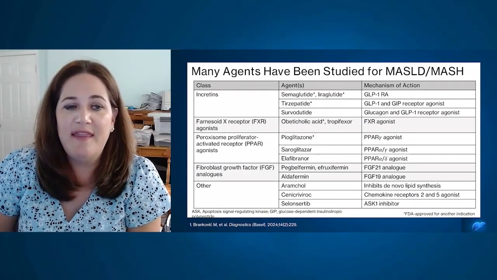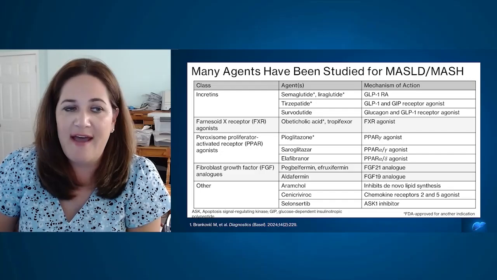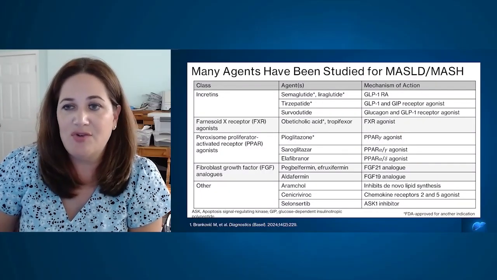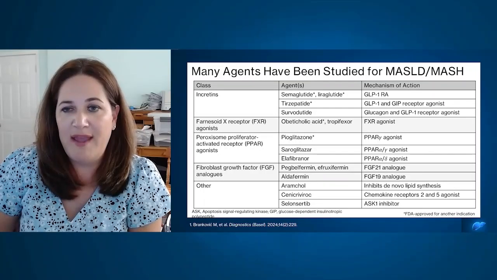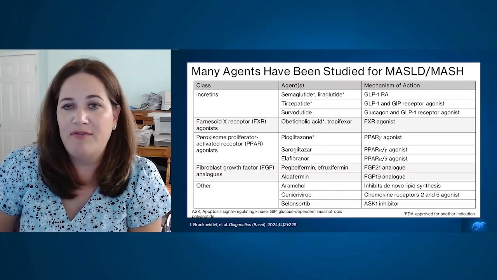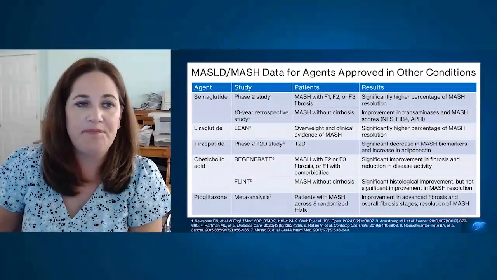But you can see that this song and dance has been going on for many, many years. And so to have this one that is FDA approved this year is extremely exciting for our patients who have early F2, F3 graded fibrosis, and know that this is something that we can offer them to help them.